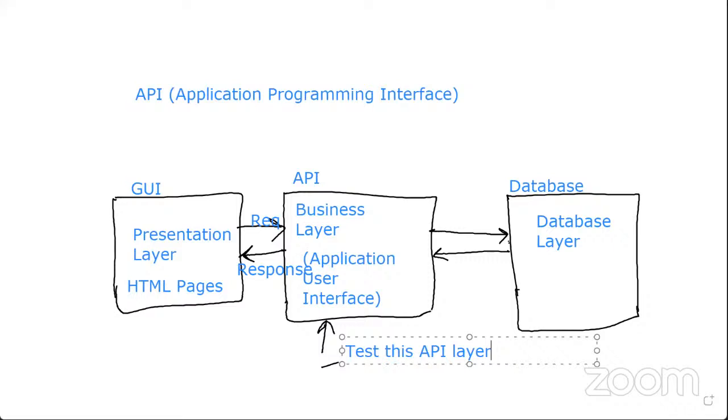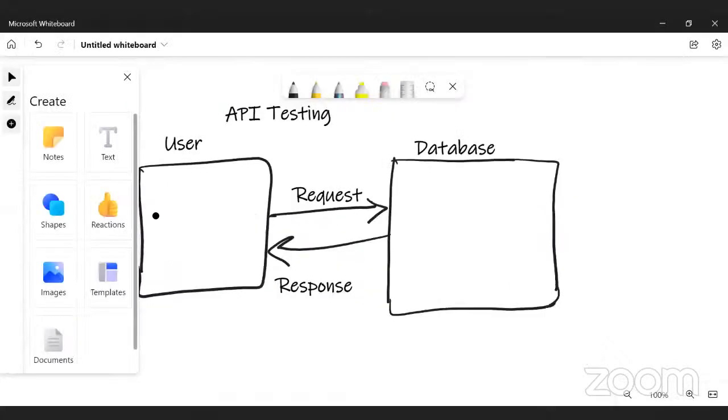Simple, that's it. So we are going to test with some set of requests, which you will send with some data inside it. Then you should get a response, some set of data, and that data we are validating. So what request we are sending and what data we are receiving, that is what we test.